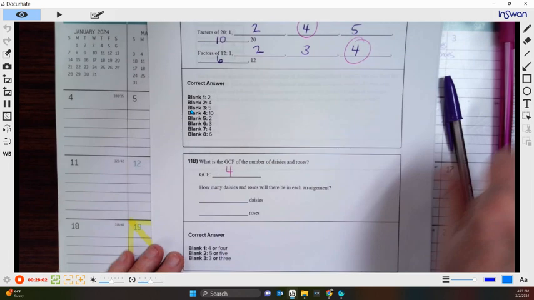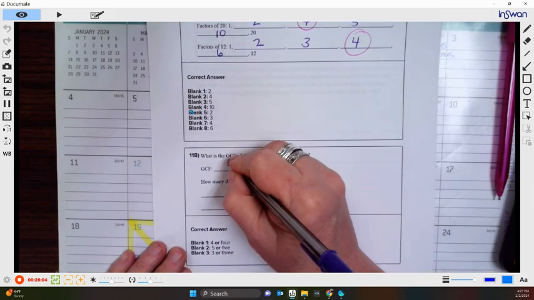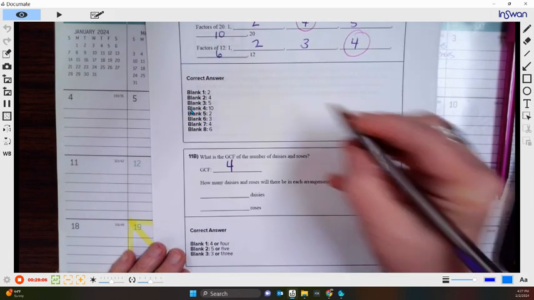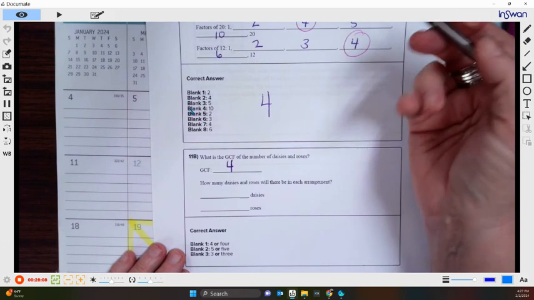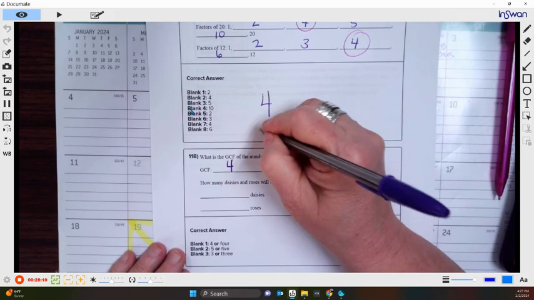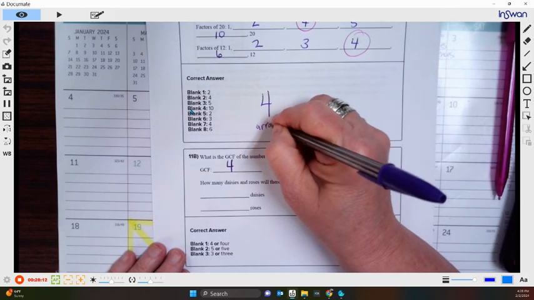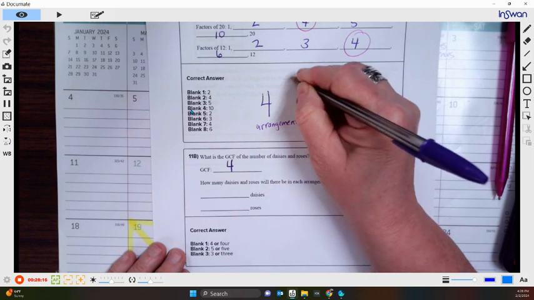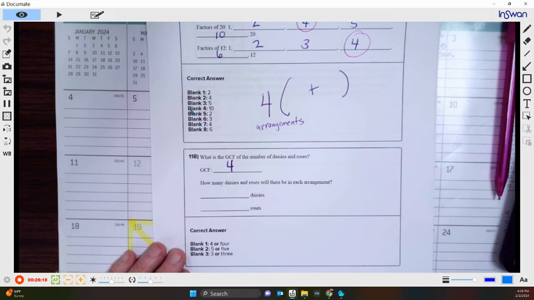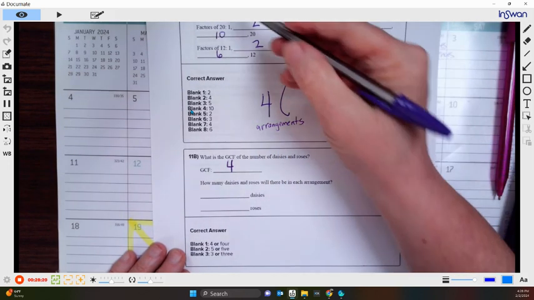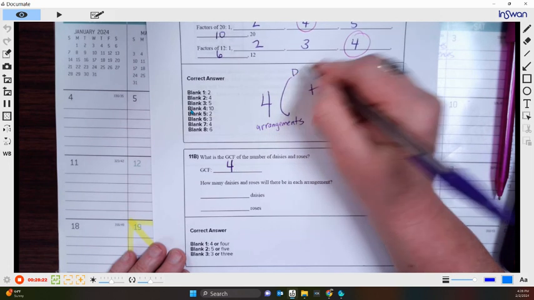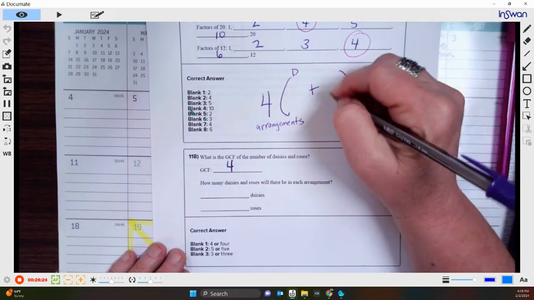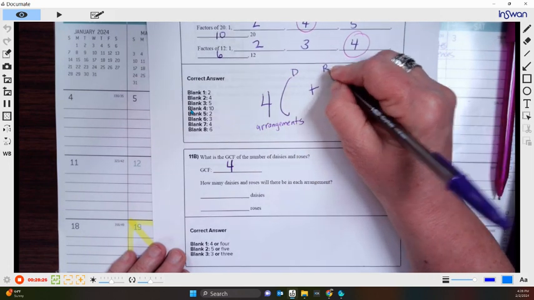So if I'm writing this as a grouping, if I'm factoring it, that would be 4 arrangements. And in each arrangement, that would be the other factor. So what number times 4 is 20 for the daisies, and what number times 4 is 12 for the roses?